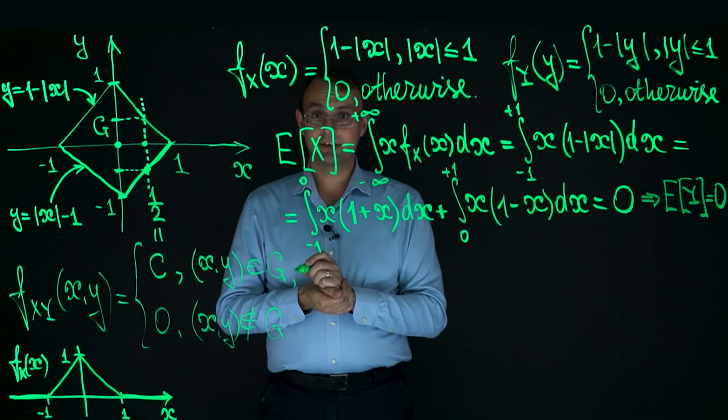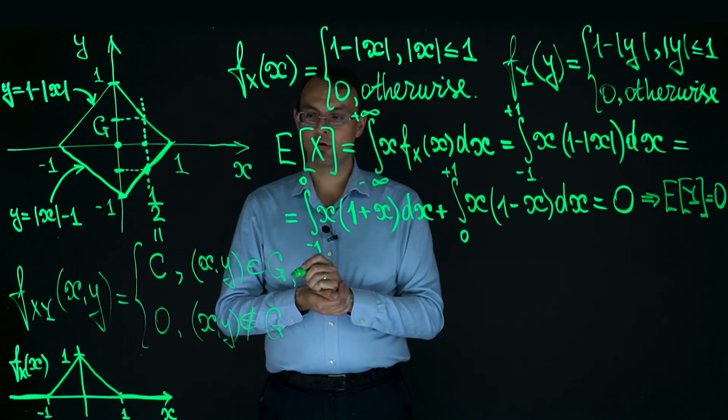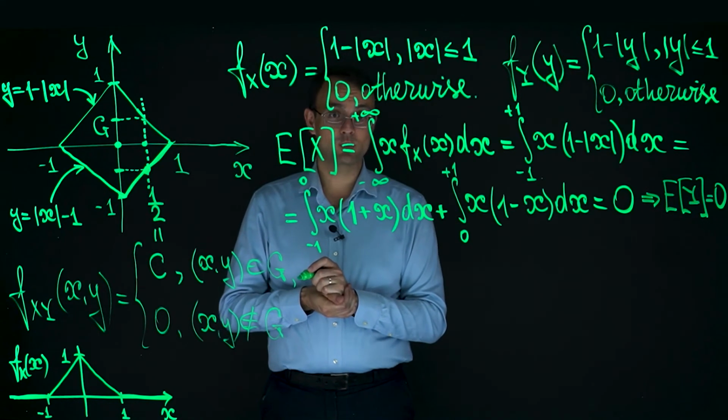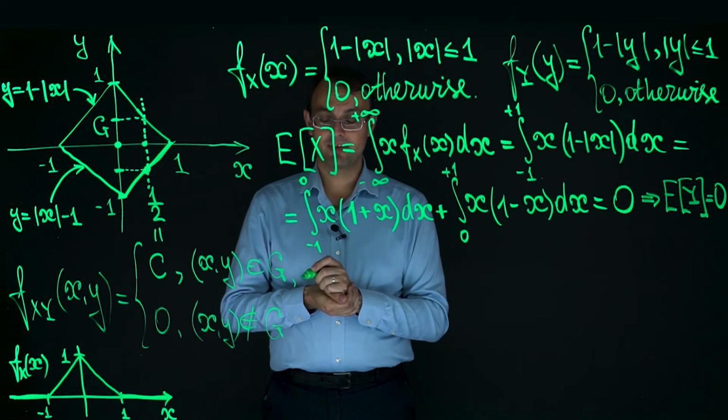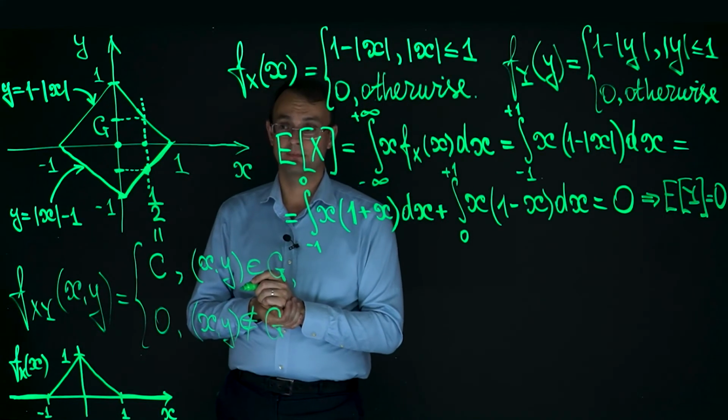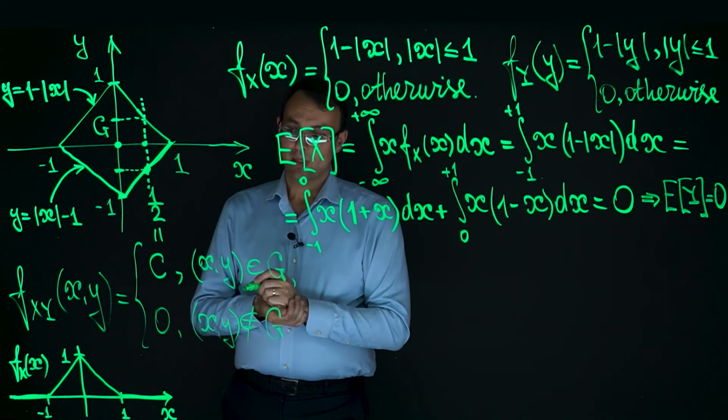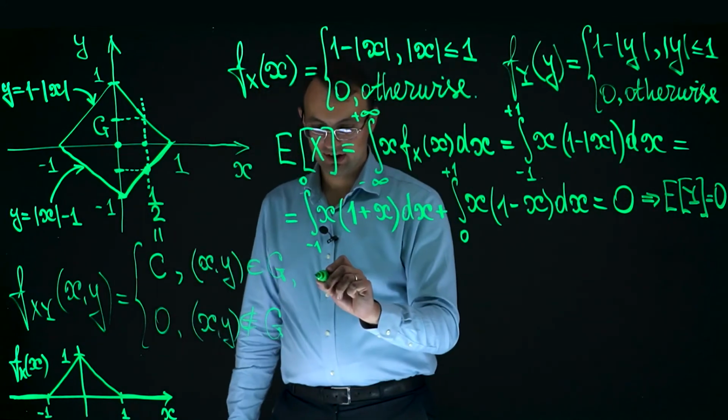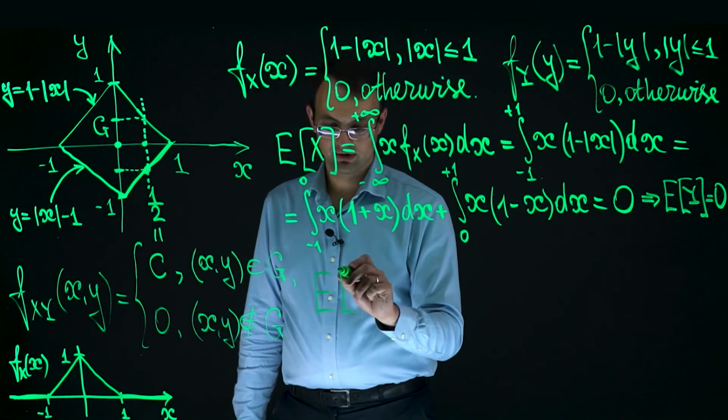To find covariance, we need also e of xy, the expected value of the product of x and y. So what is the formula in continuous case?